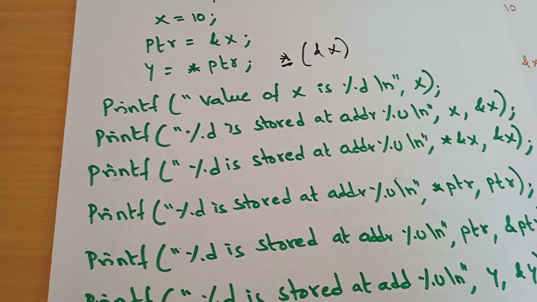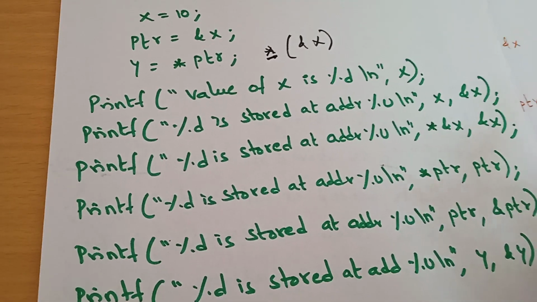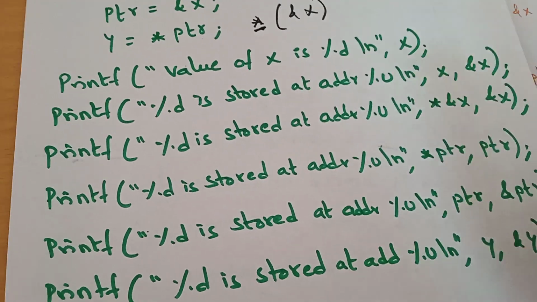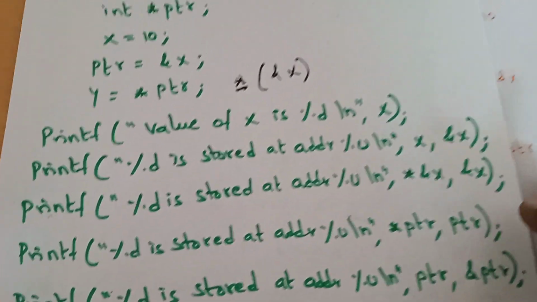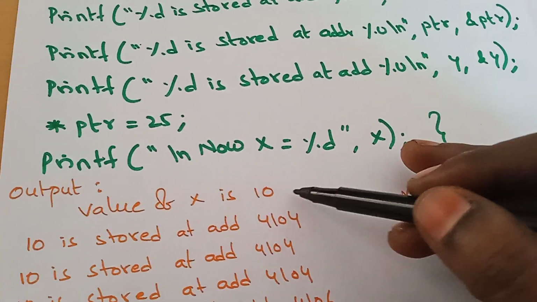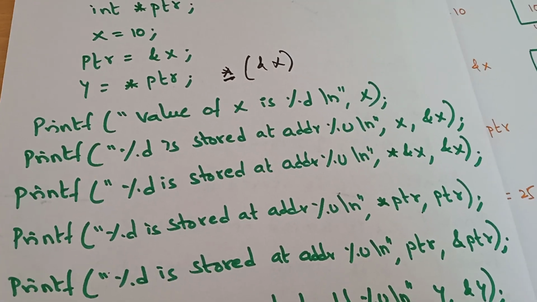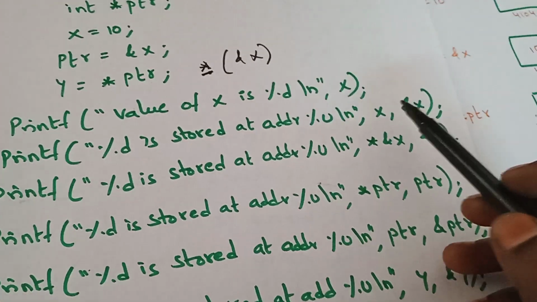I wanted to print where exactly the values are being stored, with the location, I wanted to display. Value of x is, now the value of x is 10, in the first printf statement. The second printf statement, %d. What is %d? x.